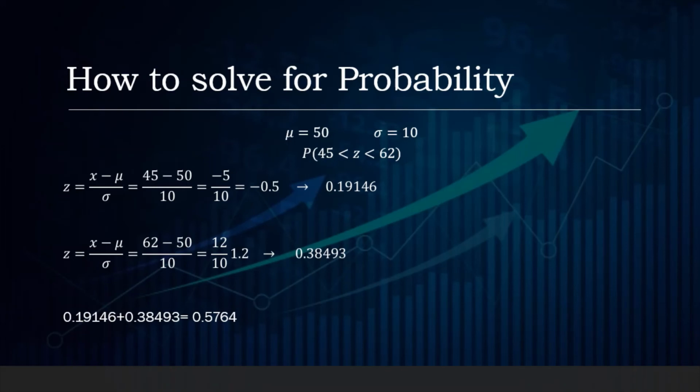Given a normal distribution with mean equals 50 and standard deviation equals 10, x assumes a value between 45 and 62. Z equals x minus mean divided by standard deviation equals 45 minus 50 divided by 10 equals negative 5 divided by 10 equals negative 0.5.